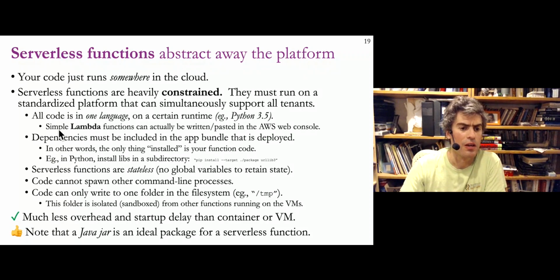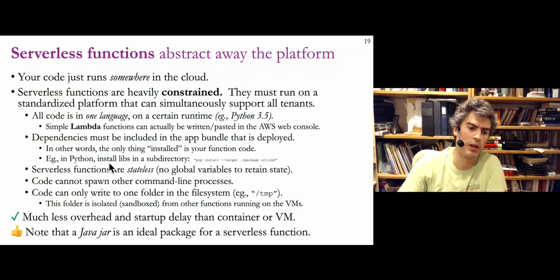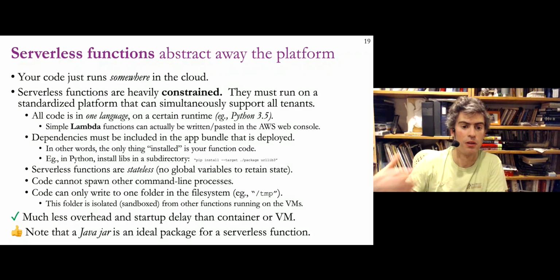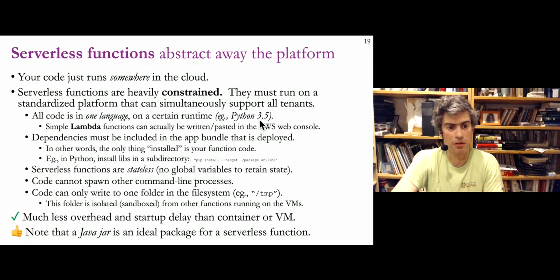Generally, this means you have to program in a particular language that works with the serverless function platform. There are several available; on AWS, you can use Python or Java or JavaScript and maybe one or two others to write serverless functions. But you have a limited choice of languages, and it has to be one of certain versions that are available on the platform.